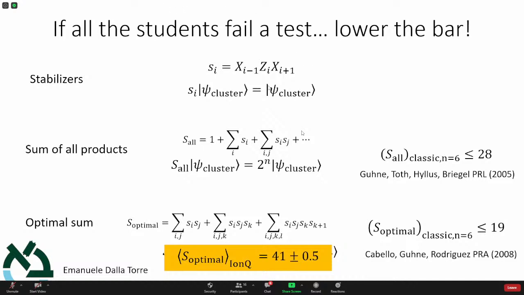I just take the common eigenstate of all these stabilizers because they all commute. So in other words, if the Hamiltonian is minus the sum over i of S_i, then I take the state in which S_i psi cluster equals psi cluster. So I take the state which is an eigenstate of S_i for all i. This is the common eigenstate of all the stabilizers.